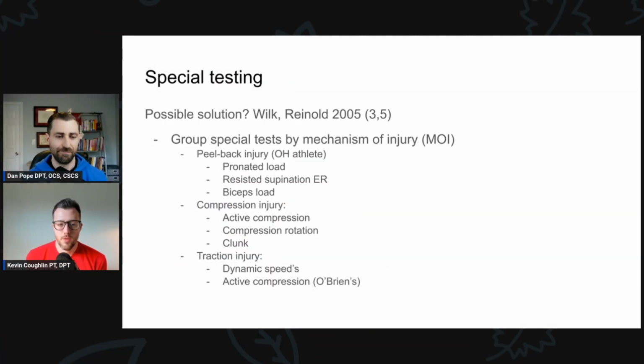All right. Yeah. So just talking about a possible solution, because we were talking with Mike about this in the clinic in the last week or so.